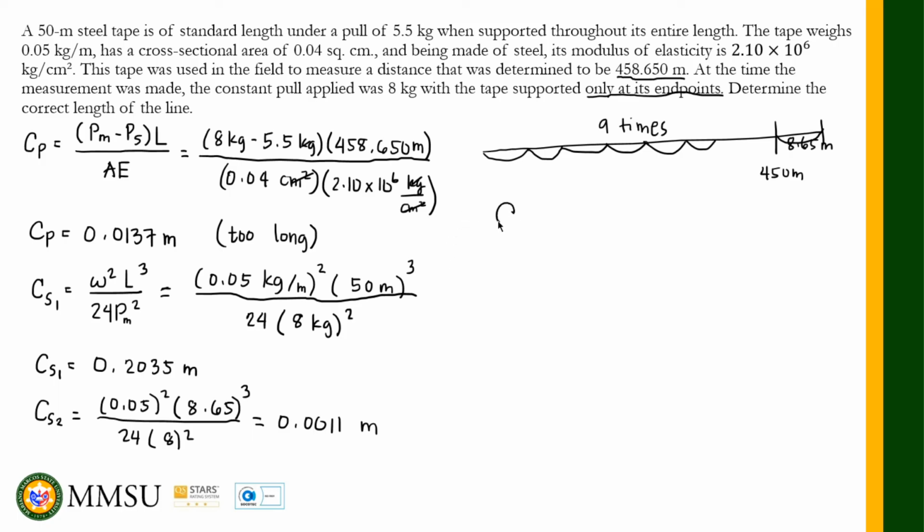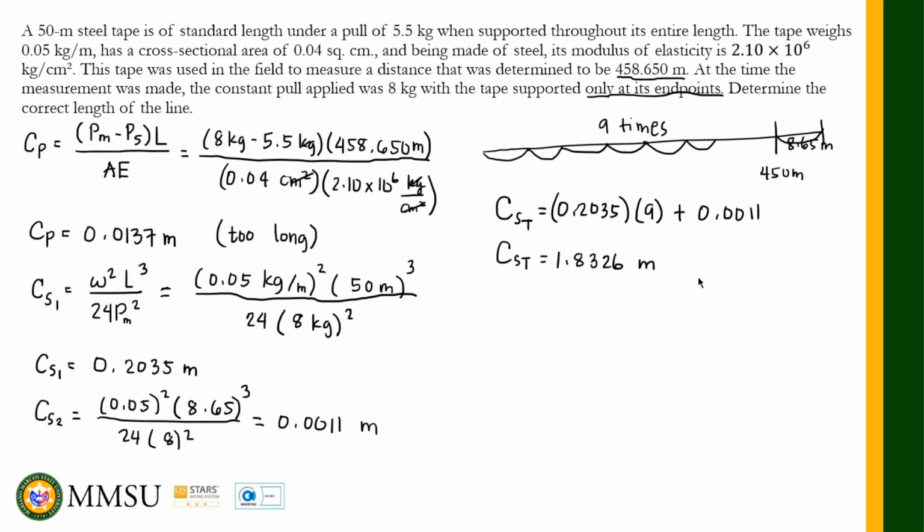The total correction due to sag is 0.2035 multiplied by 9, since it was used 9 times, plus the last one, 0.0011. So that's 1.8326 meters.